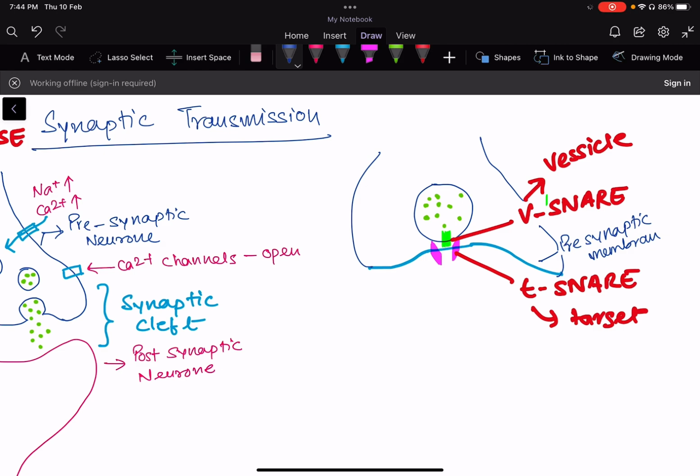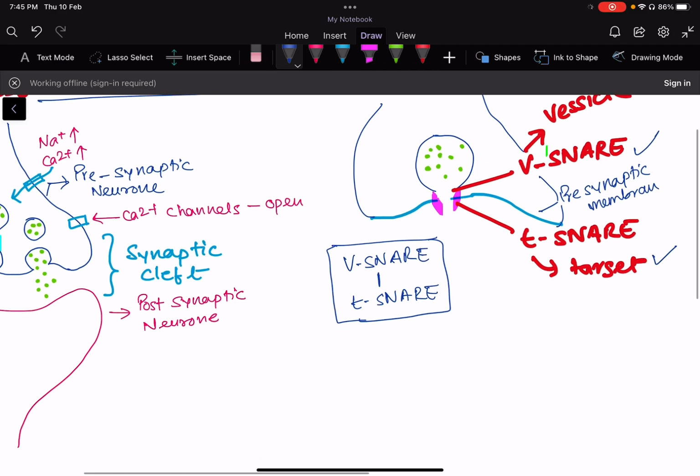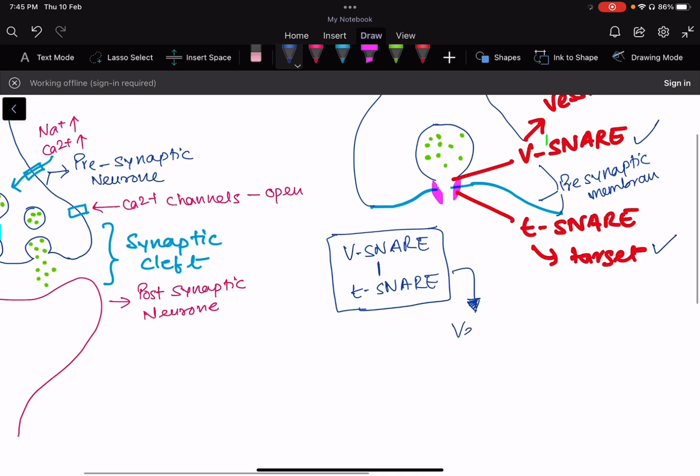So when this V snare and T snare get attached to each other, there is a process called vesicle fusion. When V snare and T snare are interacting, the process that happens is called vesicle fusion.